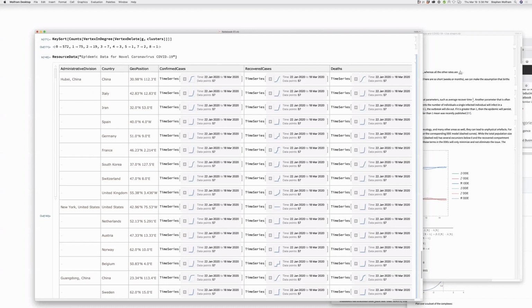If you want to see the number of people that are sick at a given time, it would be confirmed minus recovered minus deaths. Yeah, but let's just take confirmed cases to begin with. Okay. And then this is going to give us hopefully something like the logistic curve. Yes. Why is this taking forever here?